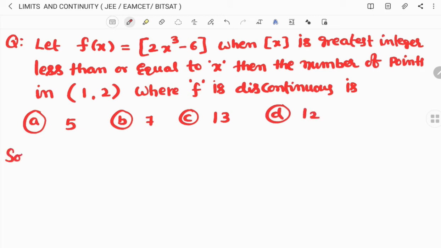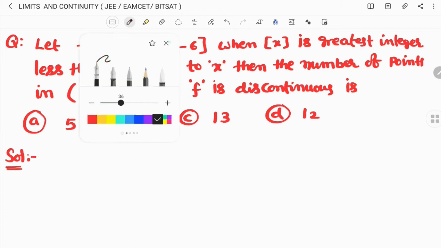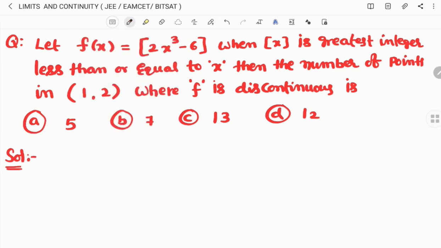In this question, what they are asking is: let f of x equal to step of 2x cube minus 6, where step x is the greatest integer less than or equal to x, then the number of points in the interval 1 comma 2 where f is discontinuous.